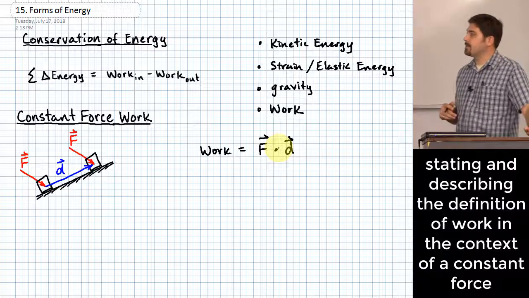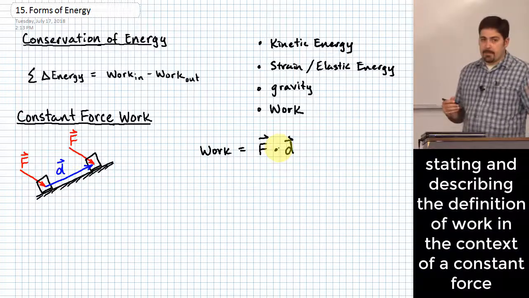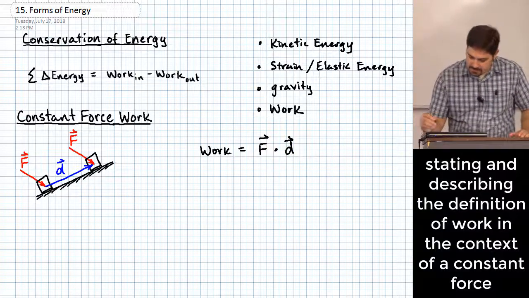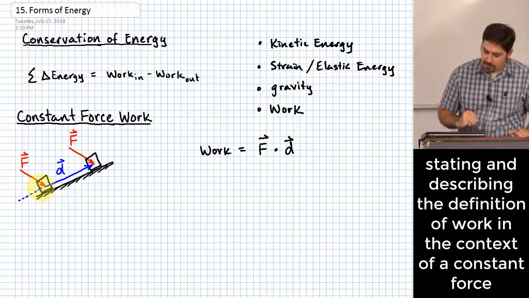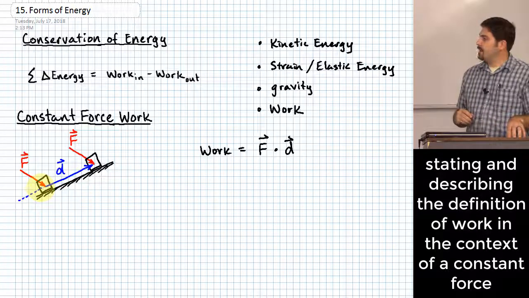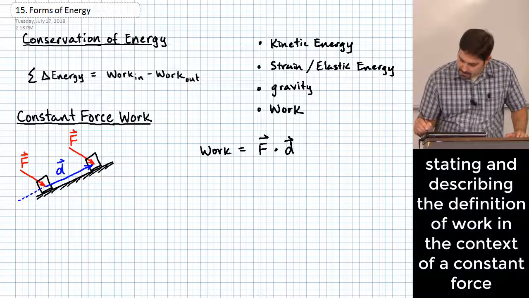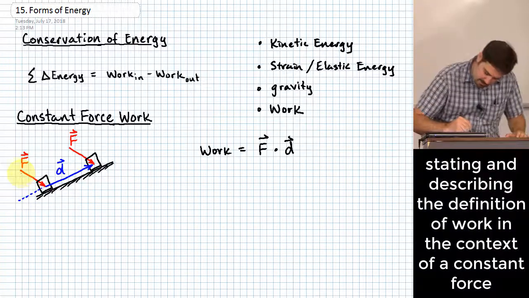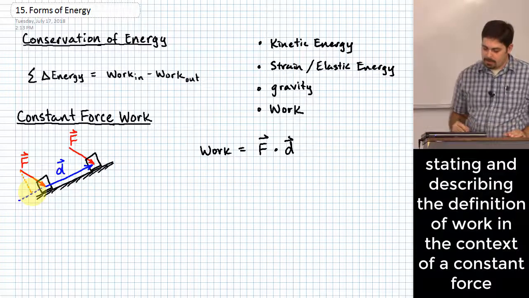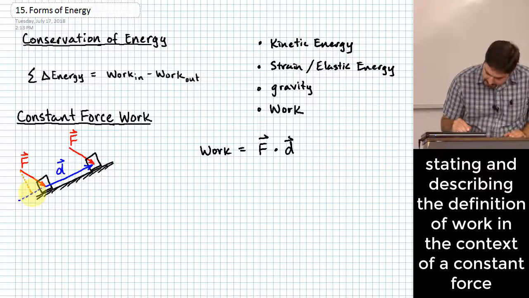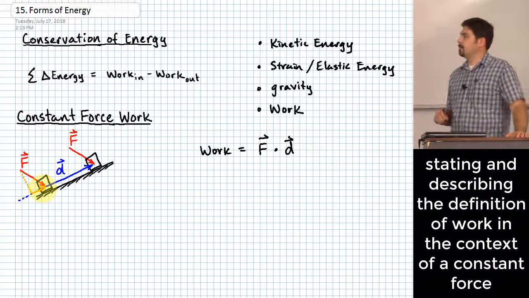Now, geometrically, the easiest way in my mind to understand this is to understand that you're basically taking the component of the force that is in the direction of the movement. So the easiest way in my mind to understand that is to actually drop a line here that's perpendicular to the direction of the motion and set up one of the components of the vector that goes that way, right?